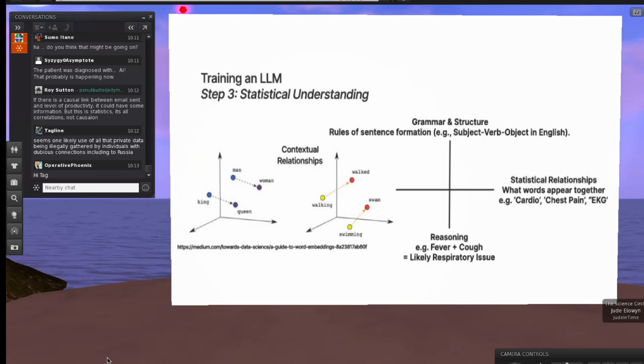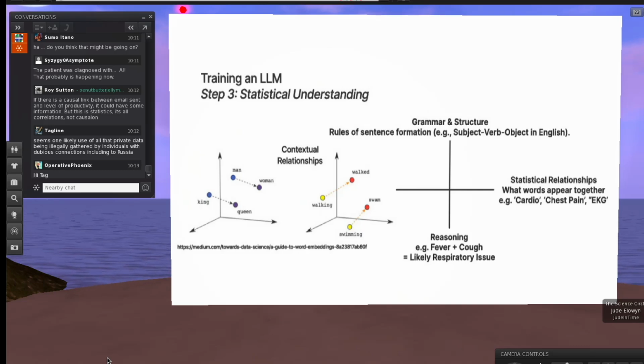So the LLM starts to learn what's correct, what are the patterns that will help it achieve a correct answer as far as the blanks are concerned. As it keeps trying to update itself to fill in those blanks correctly, as its accuracy improves, it eventually starts to learn a number of patterns with regards to the data. So what are the words that appear together? What are their contextual relationships?